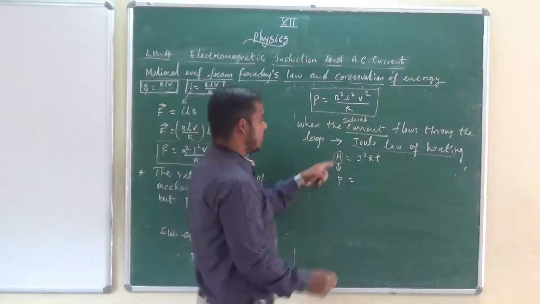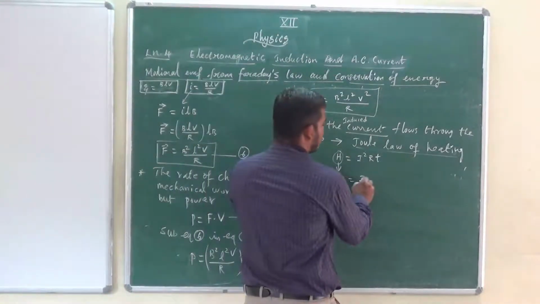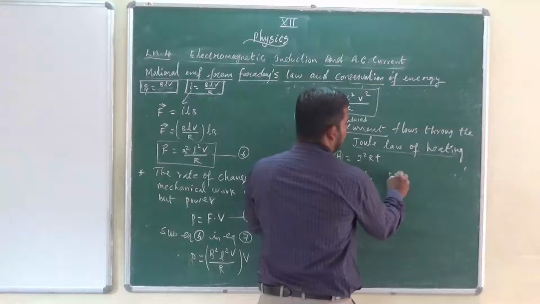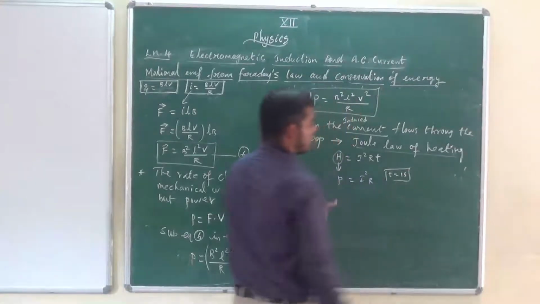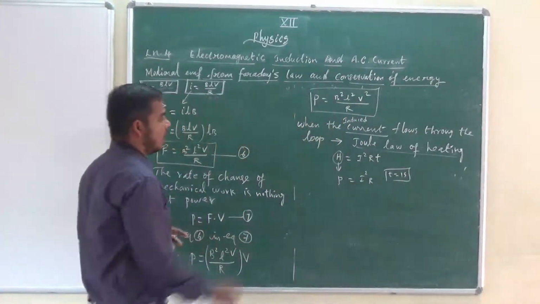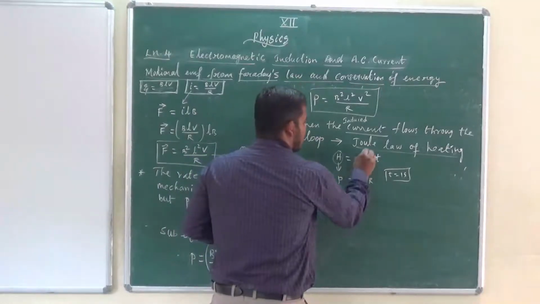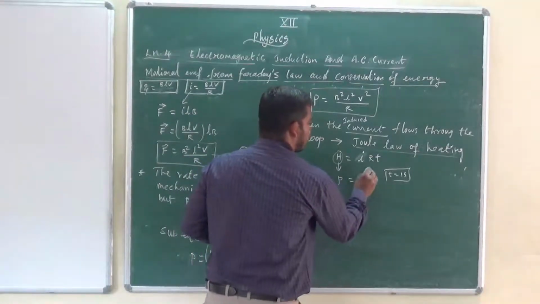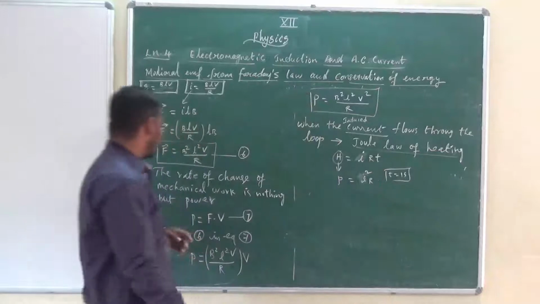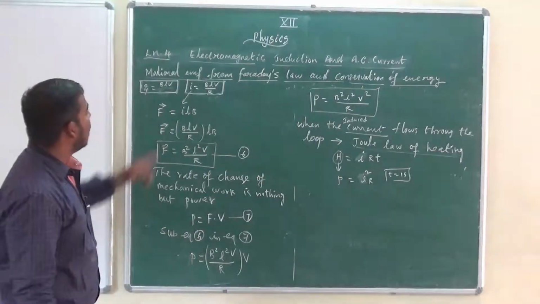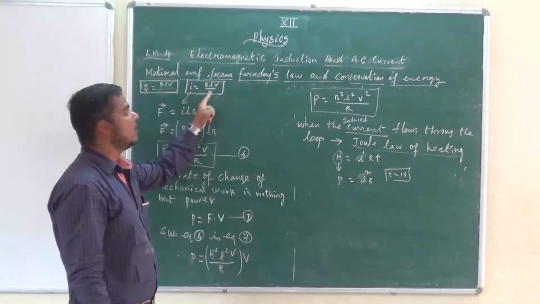So power P equals I square R, T equal to 1 because we consider 1 second. Already we derived the current equation, I equal to BLV by R.